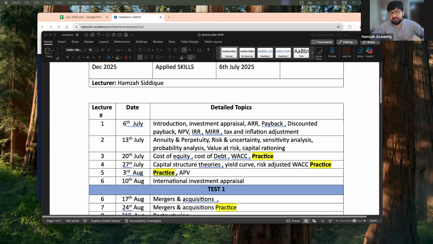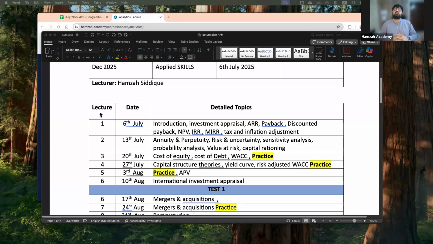That is soft capital rationing. Now, capital rationing may be for 1 year, or it may be for a number of years, multi-period capital rationing. For 1 year, it is single period capital rationing.